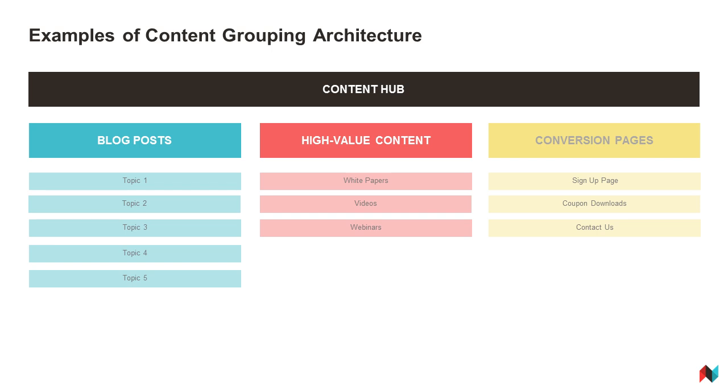So you may have blog posts and separate topics that exist underneath each blog post. You may have a resources section, high-value content. This could be anything from white papers, a video section, webinars like this one. And you also likely have conversion pages. These may be where you sign up, where you join to become a member, contact us pages, coupons, things of that nature. So what we want to do is tell Google to separate these out so that we can look at them differently in future.